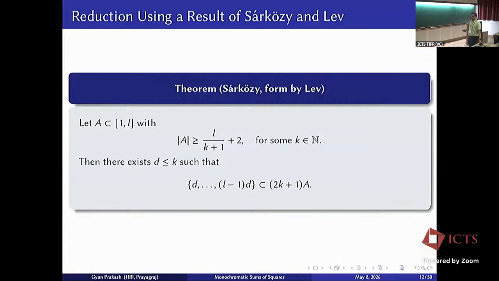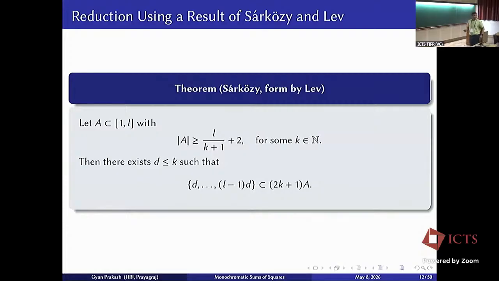D, so that 2K plus 1 A contains multiples of D. So it contains an arithmetic progression of length L, but not only that, for the common difference you have an upper bound, which is less than or equal to roughly the density of the set.